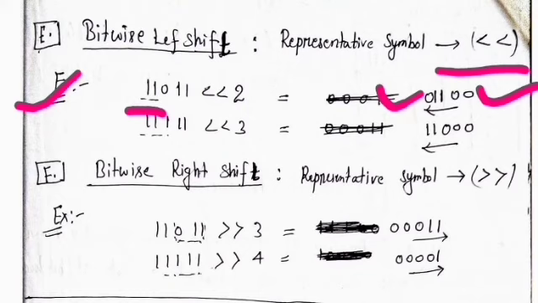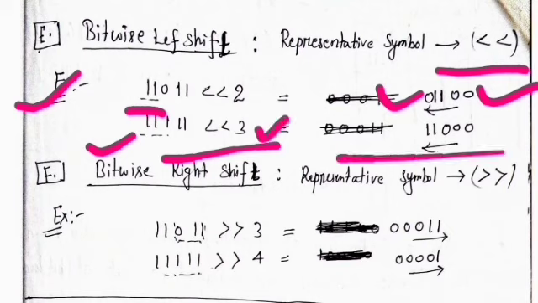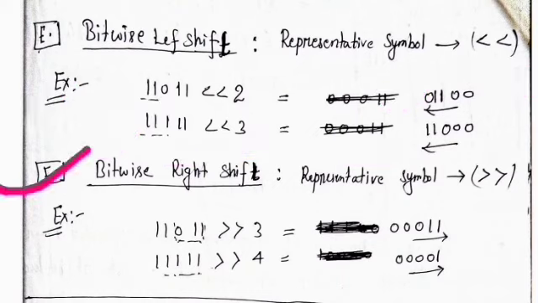And in another example, 4 times 1, then we get here, left shifting these 3 places, the value is 11000, means 3 times. Now in the bitwise right shift, it is represented by 2 times greater than symbol.